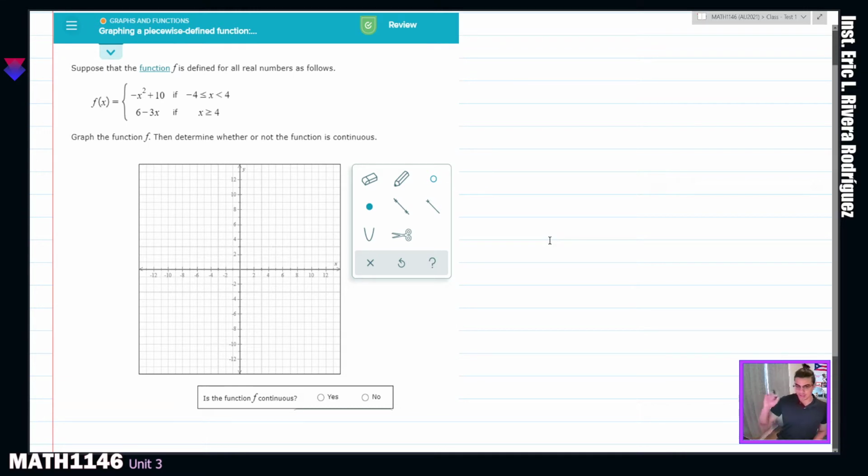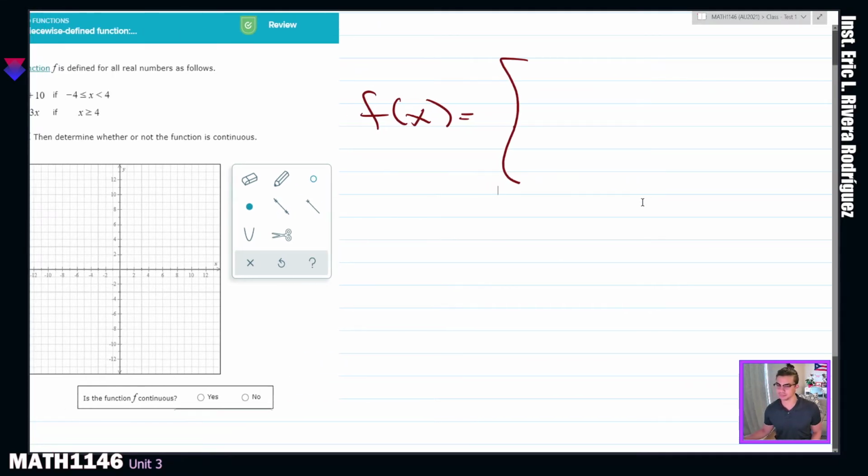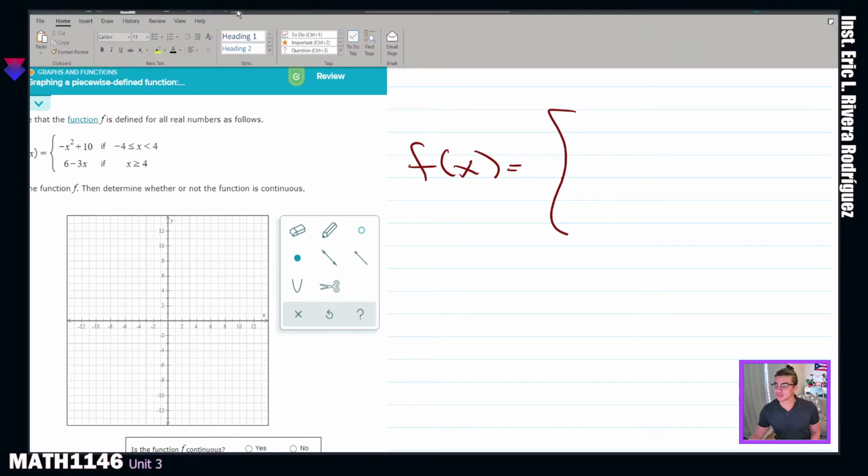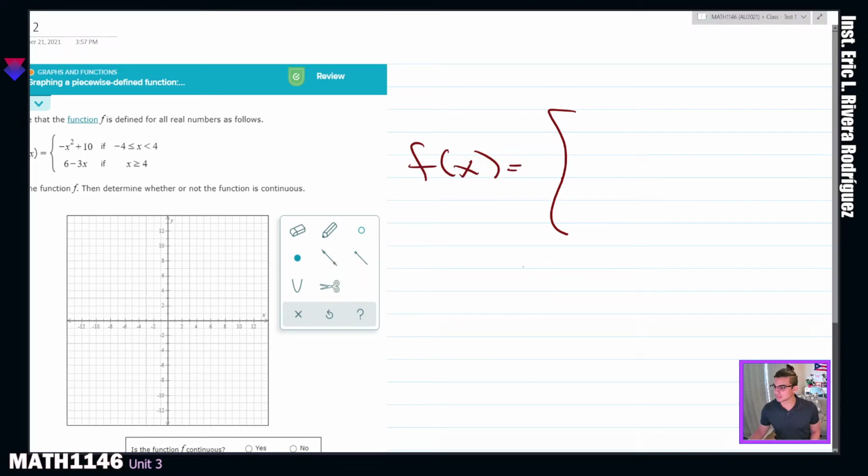Okay. So second exercise, same type of exercise. So let's see what is different and what are the challenges with this type of exercise. Okay, so green for piece number one.